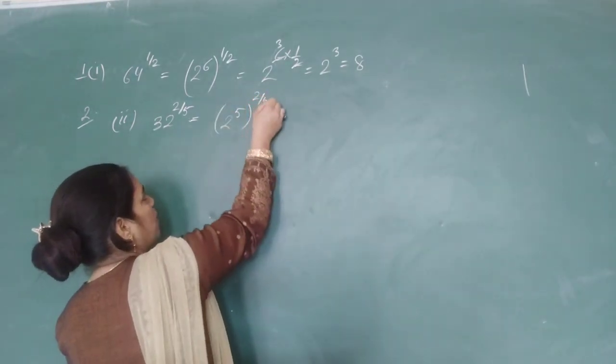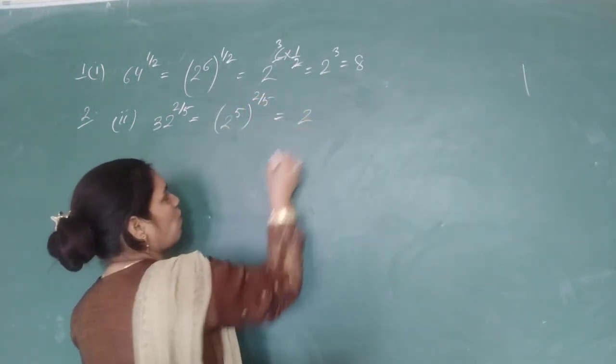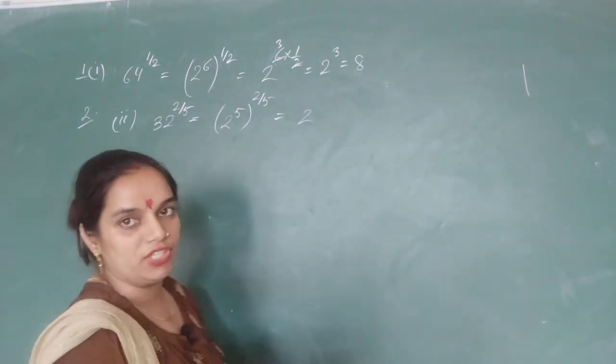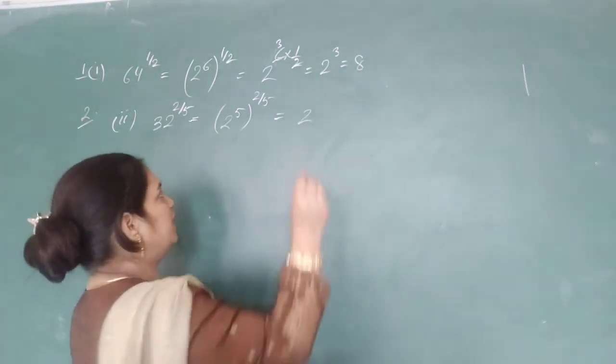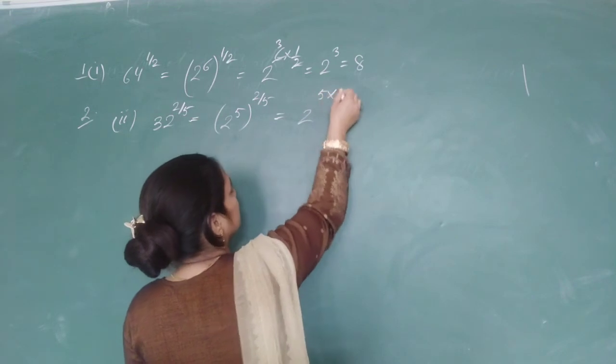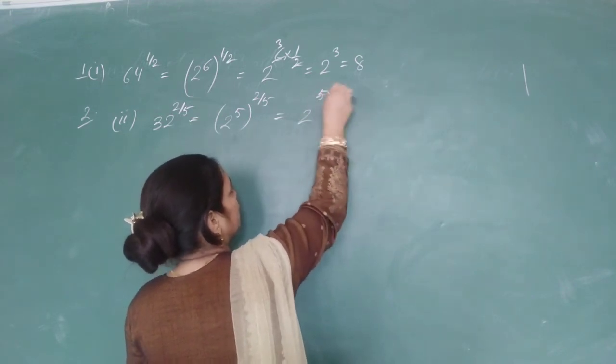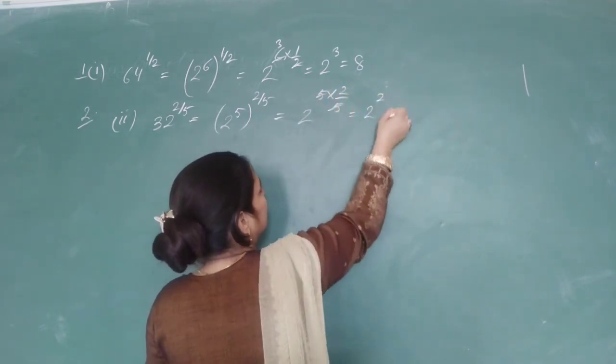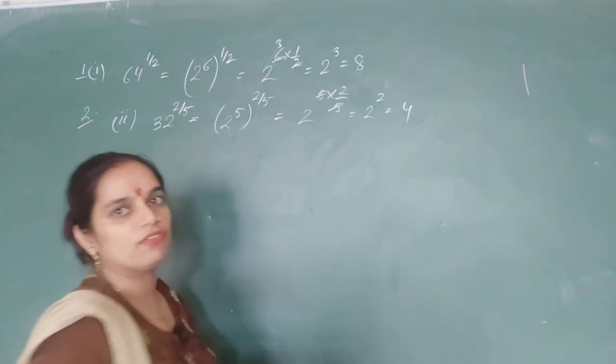And here is a whole power, 2 divided by 5. Now, according to the law of exponent, if there is power of power, we will multiply the powers. 5 and 5 will be cancelled out. The result will be 2 raised to the power 2, that is 4.